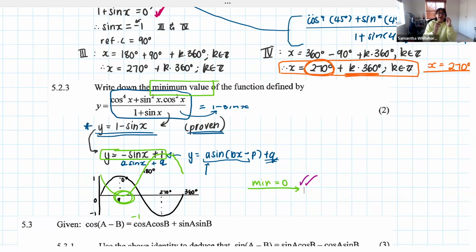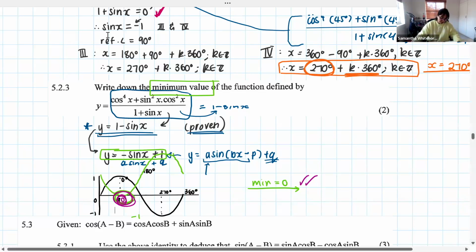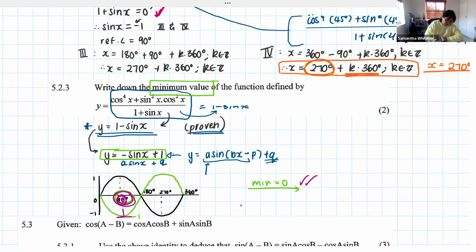Another way that you can do it, and you still sort of have to know your basic parent function, is to know that once you flip the graph, this minimum is at 90 degrees. So I'll just take my graph back to before the shift. If I take that graph back down, this minimum occurs at 90 degrees. Like a normal graph maxes at 90, but now because of the flip, the minimum is at 90 degrees.